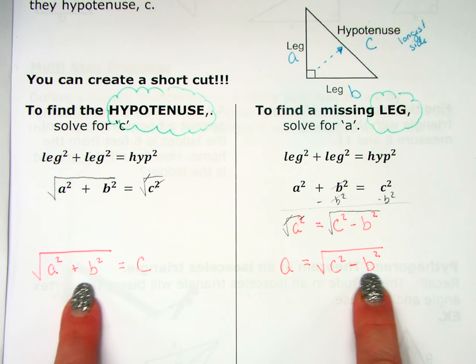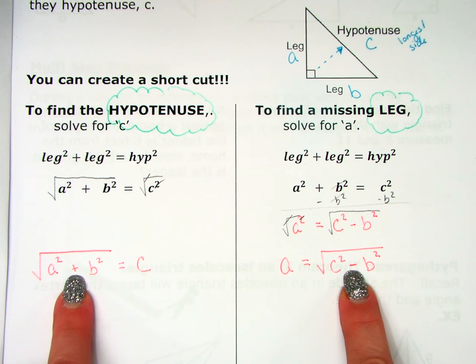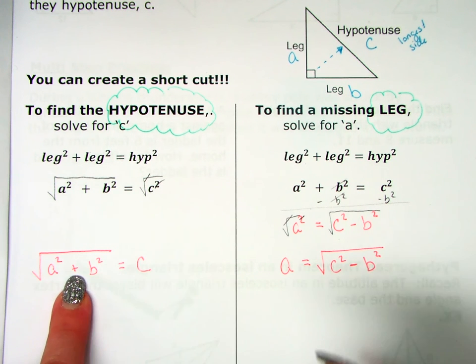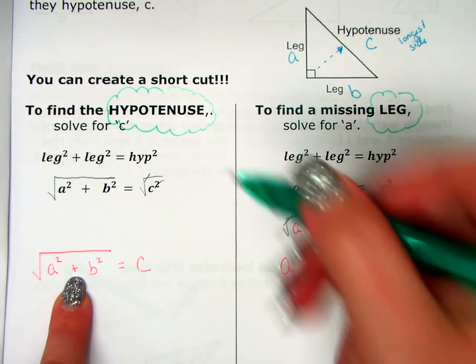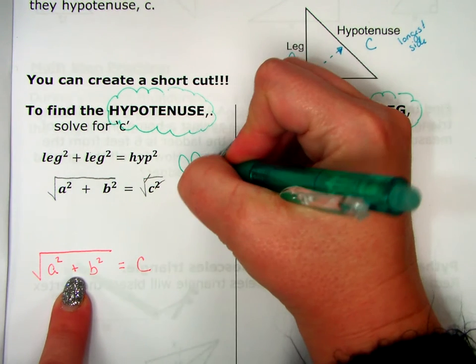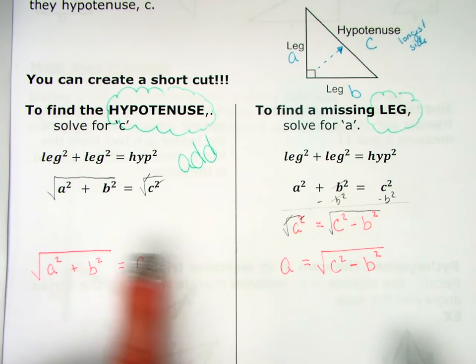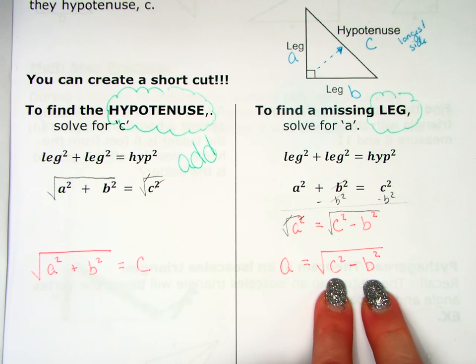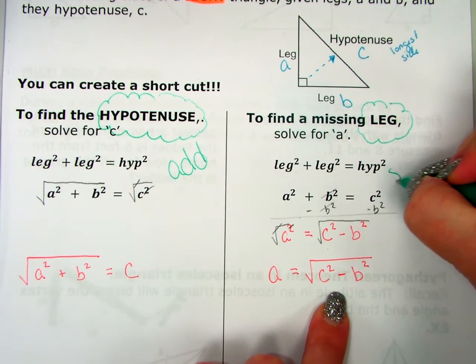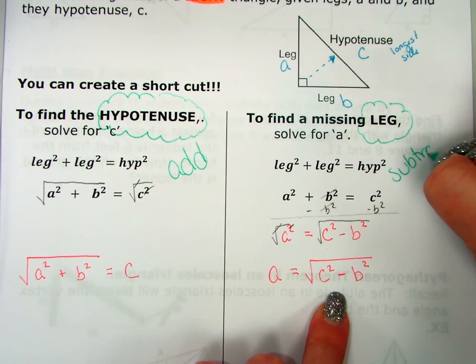So really the main difference is the sign in here. When I'm looking for a hypotenuse, I'm going to be adding two sides that are squared together. And when I'm looking for a leg, I'm going to be subtracting the other two sides that are squared. Right? Subtract.